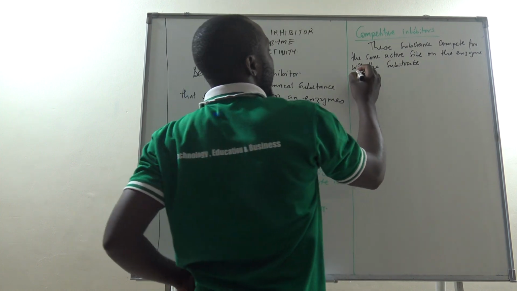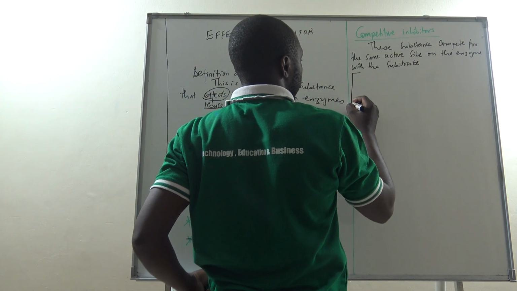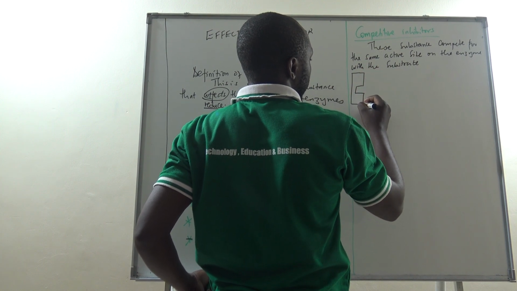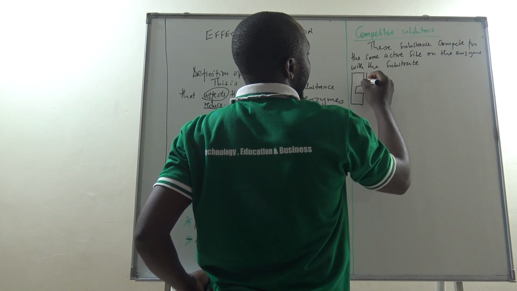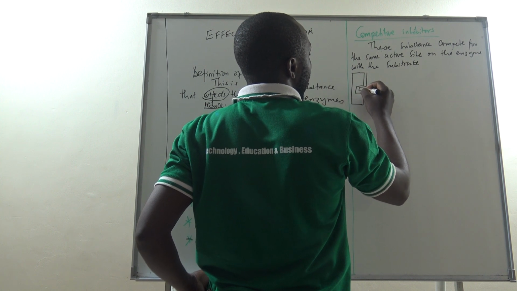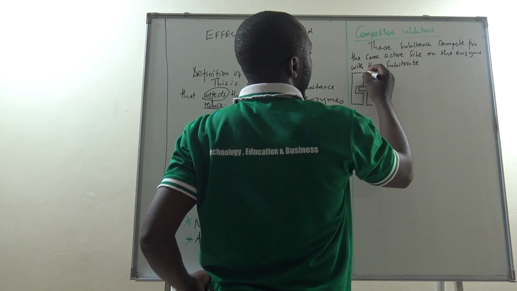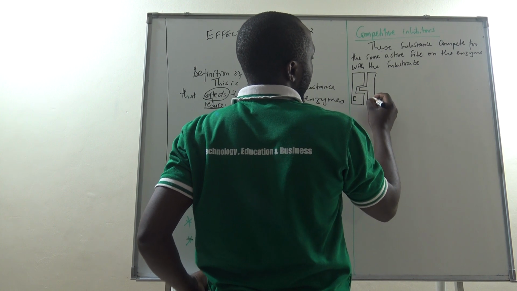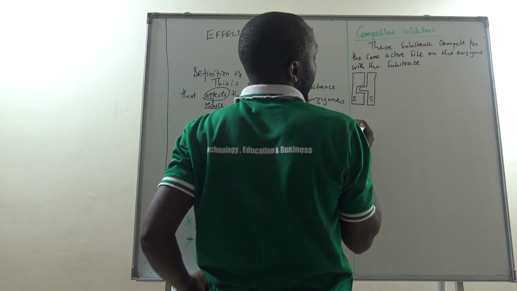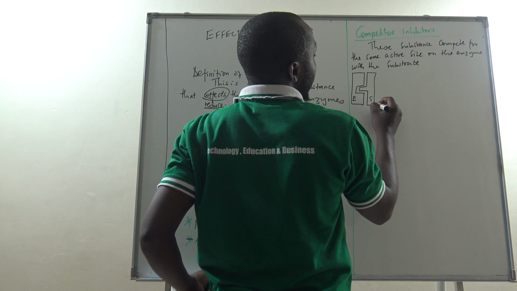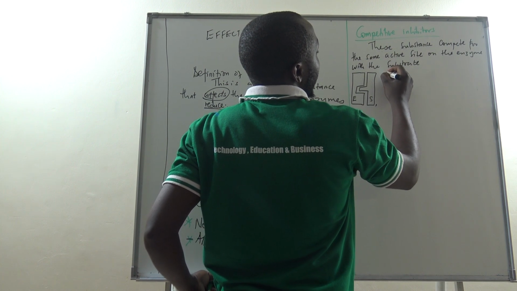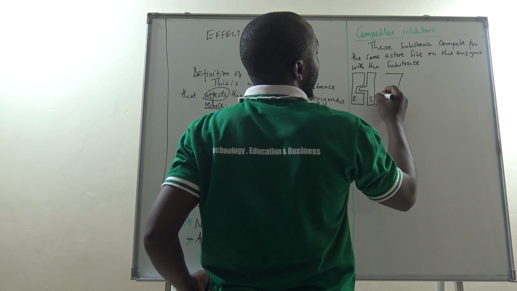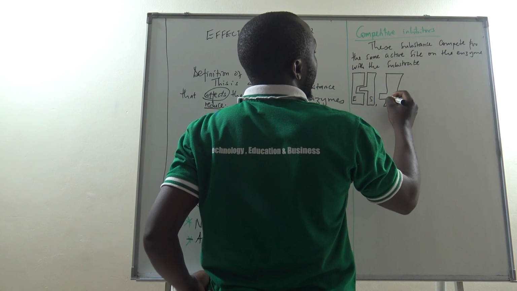Meaning, if this is the enzyme, represented by E, and that is the substrate which is supposed to be acted upon, and there is an inhibitor, the inhibitor also has the same configuration as the substrate.